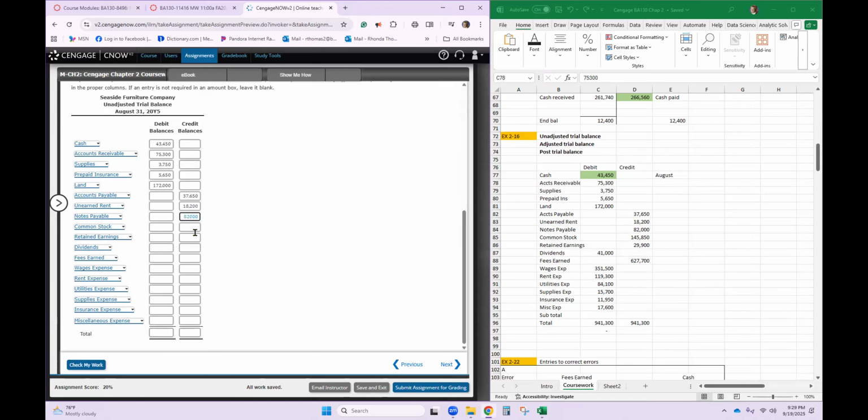So it's just a matter of getting used to it. And we have to make sure to go back across for dividends, back across for fees earned.